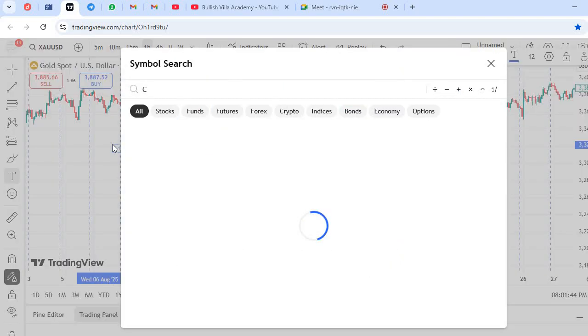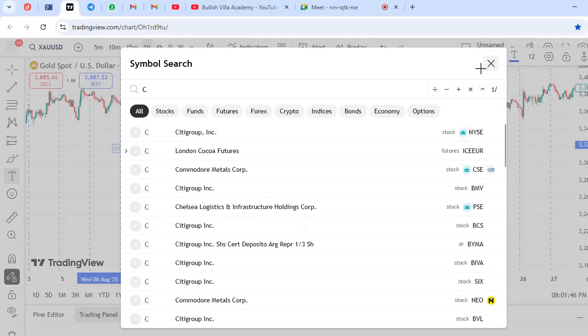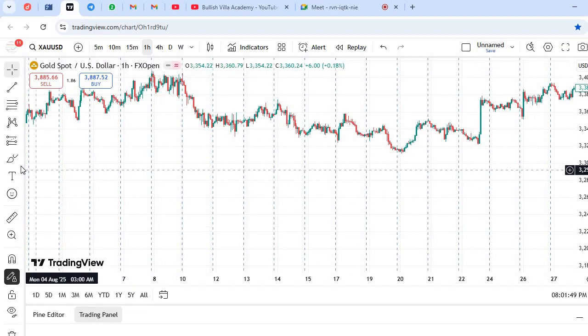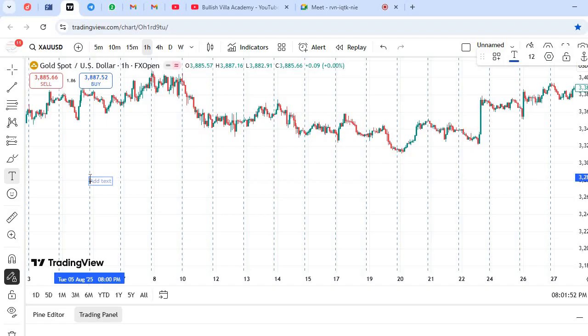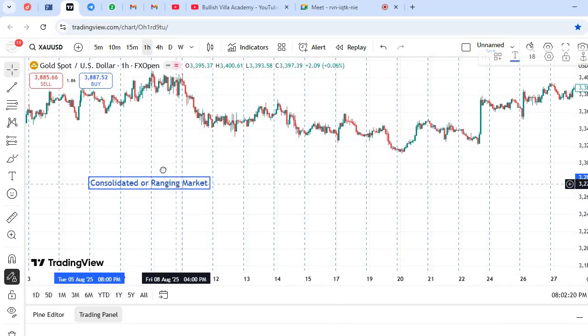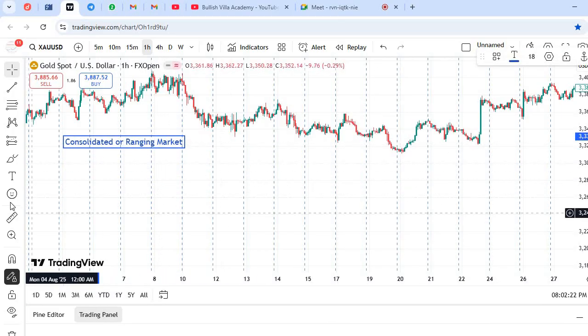The consolidated or ranging markets. Now, this is the way it looks.